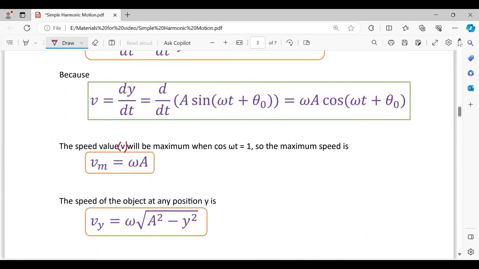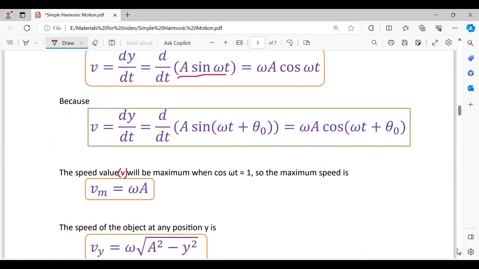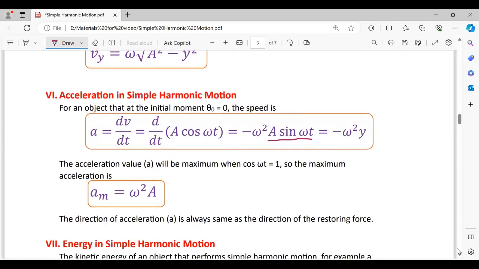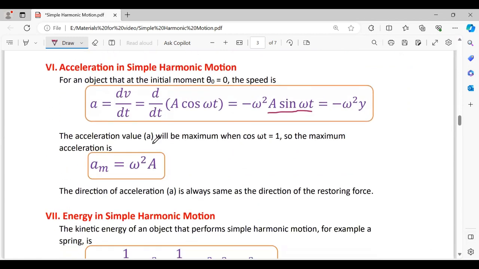Just now. Okay, so the acceleration value will be maximum when cosine omega t equals 1. So the maximum acceleration formula is this one: the maximum acceleration equals omega squared a.